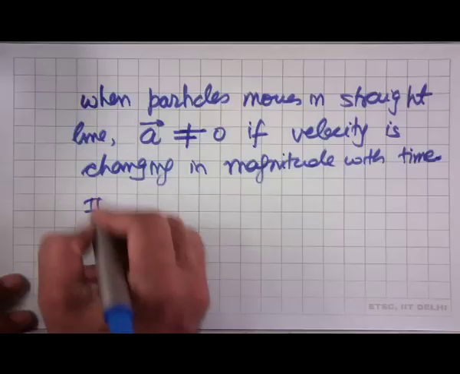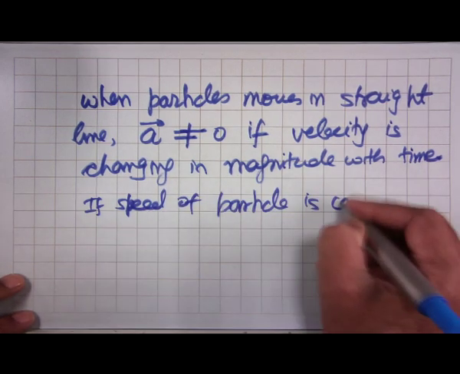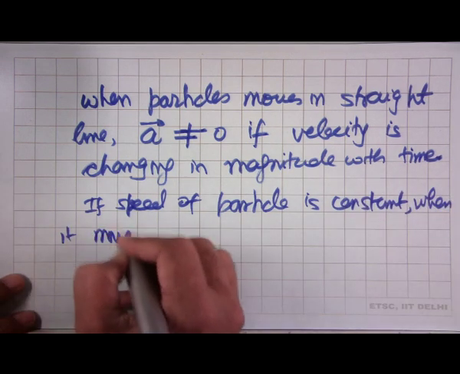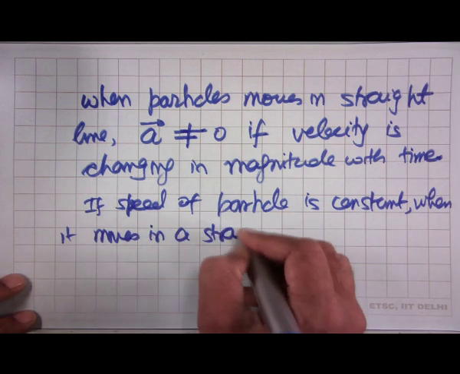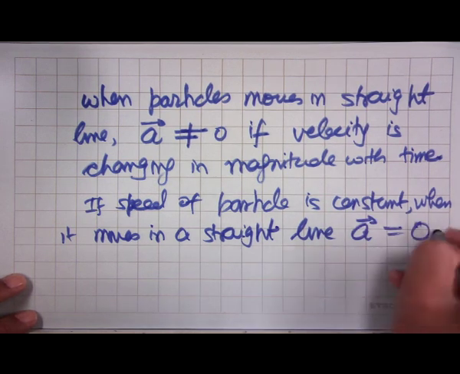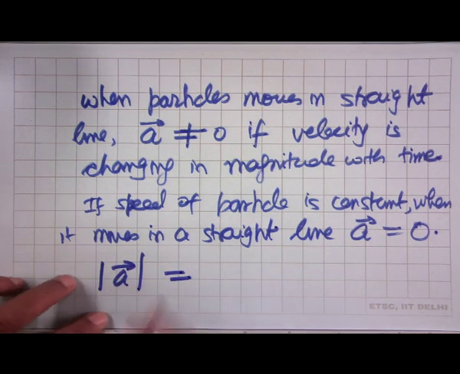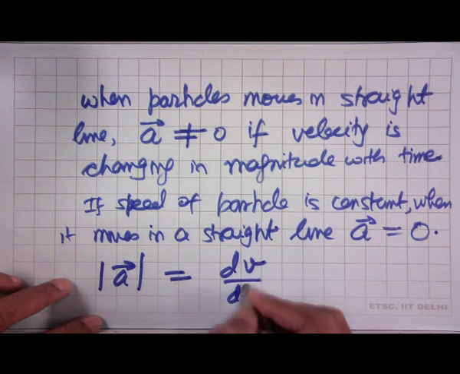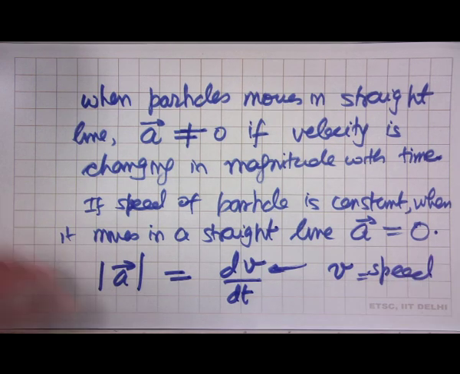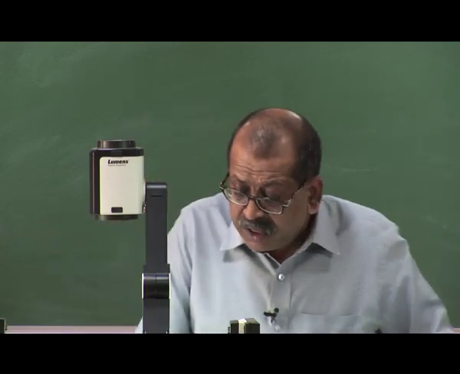If the speed of the particle is constant when it moves in a straight line, acceleration will be equal to 0. In fact, we have already written this. We wrote the magnitude of acceleration is equal to dv by dt, where v without a vector sign is the speed.